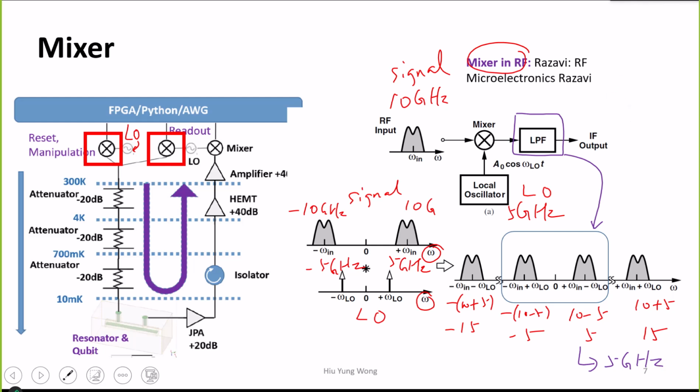So it's okay if you don't really get it, but I hope at least you know that a mixer is a multiplier for 2 frequencies, first of all. And then you can think of it as adding and subtracting these 2 frequencies to get a new frequency. But you will get some high frequency, some low frequency, and we will use the low pass filter to get the low frequency part.